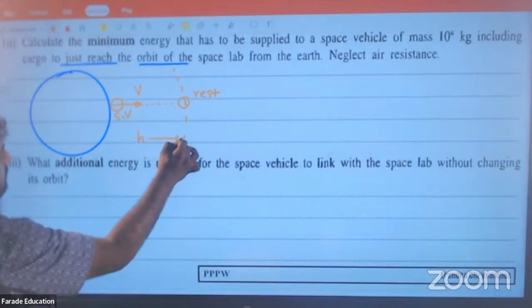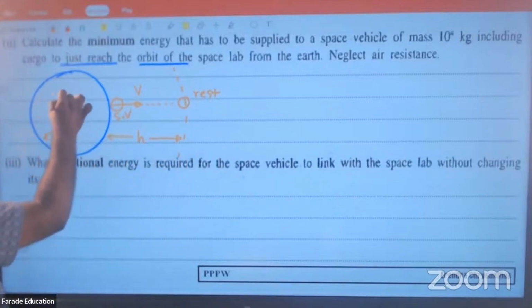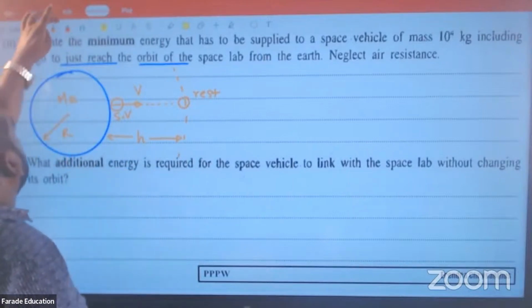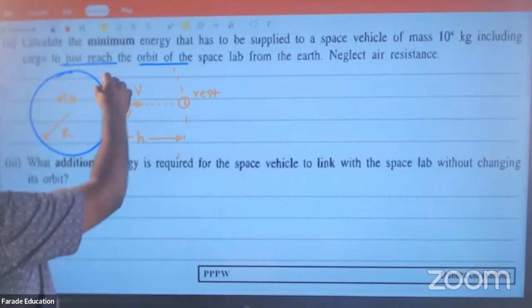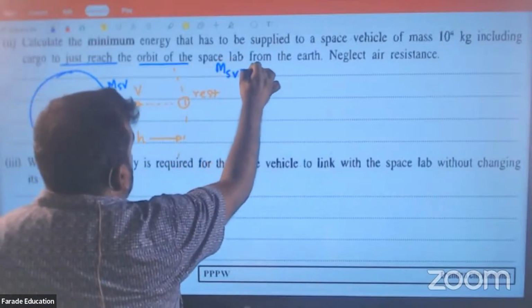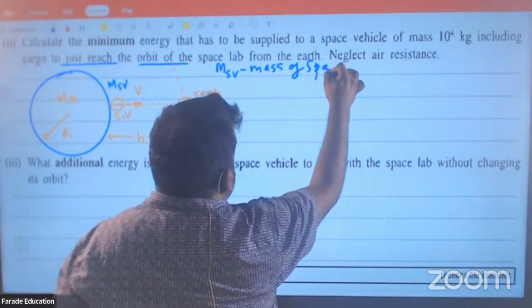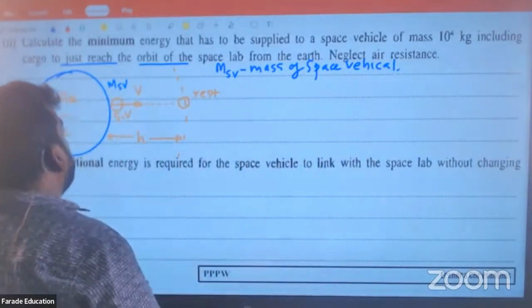Orbit is H. Radius is R. Mass of Earth ME is already defined. Only one more additional thing that you must define here: mass of the space vehicle, MSV. Right. What are you asked? Minimum energy.